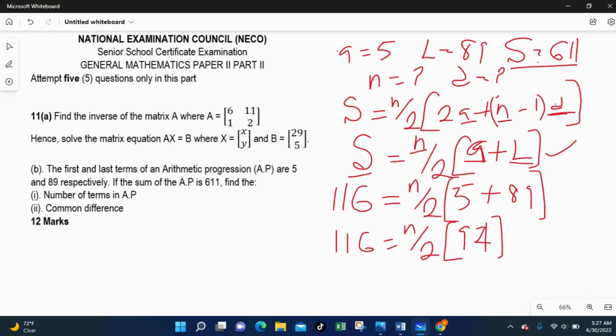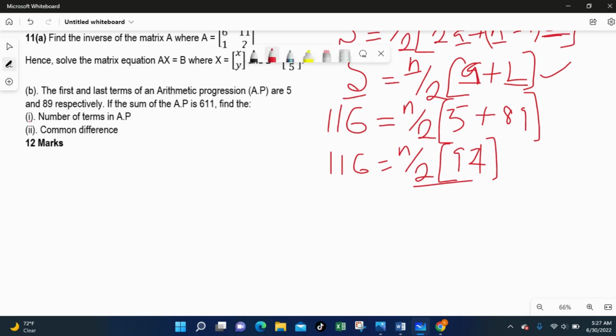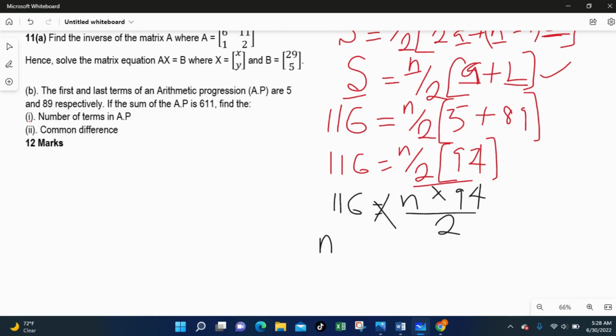When we simplify that, we have 611 equal to n times 94 over 2. Cross multiplying, we have n times 94 equal to 611 times 2.